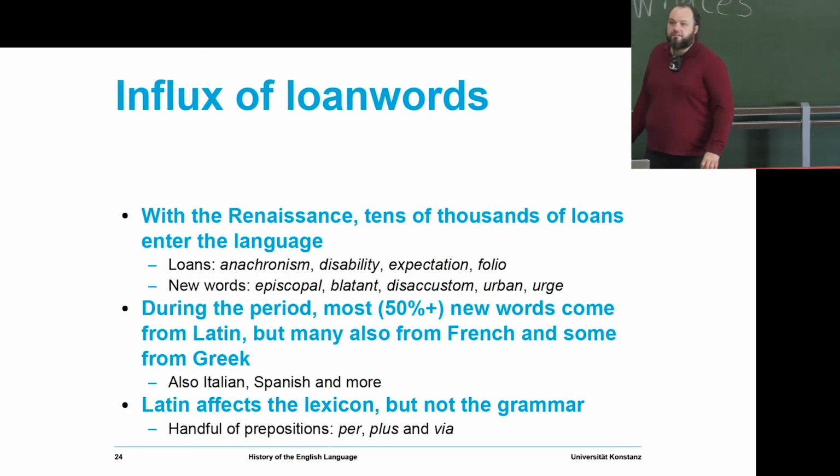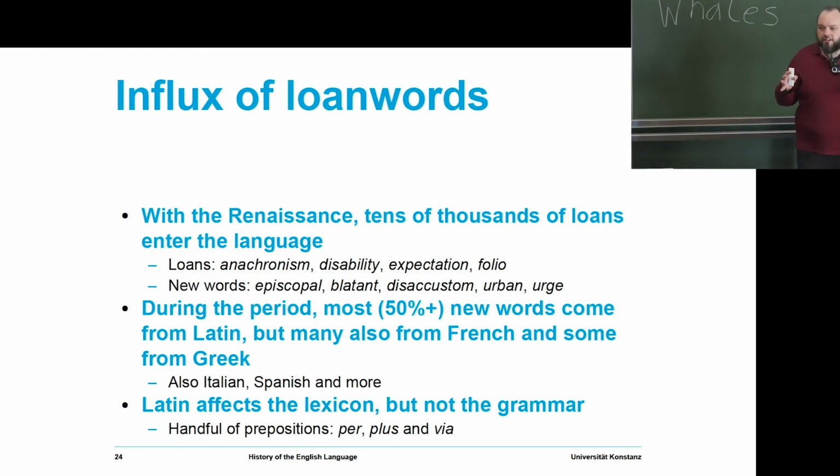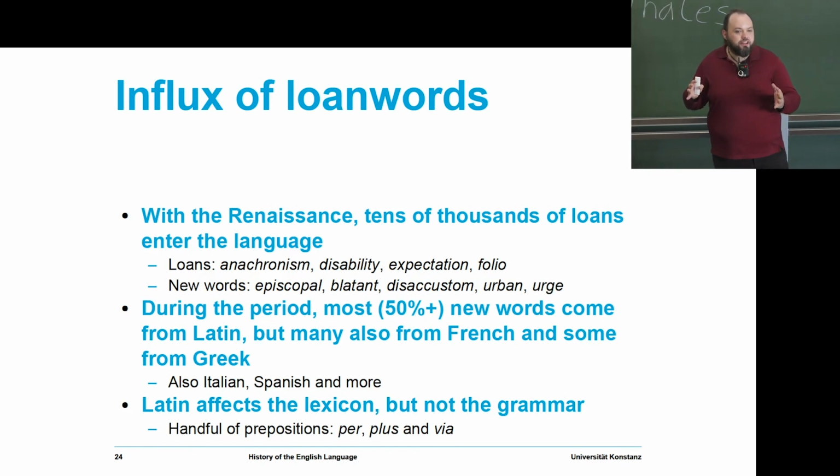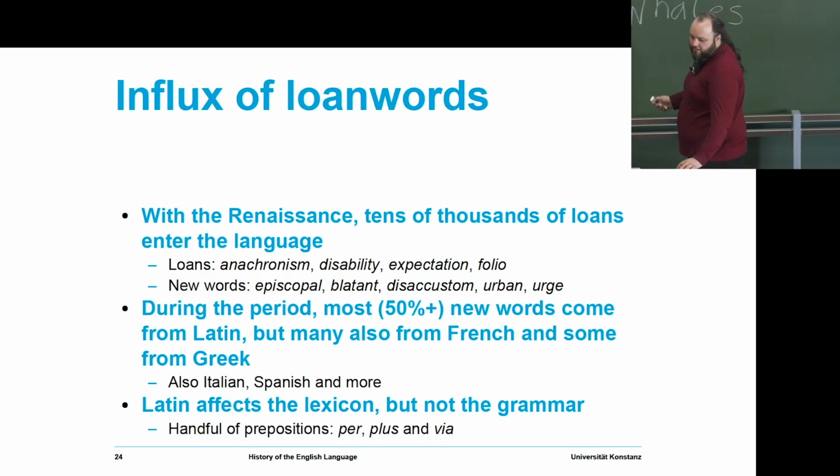And we get new words being developed that actually are based on Latin or Greek or French parts, but which were never used in those ways in those languages. And these words here, episcopal, blatant, disaccustom, urban, and urge, are examples of this kind.